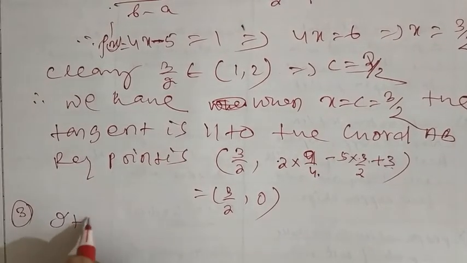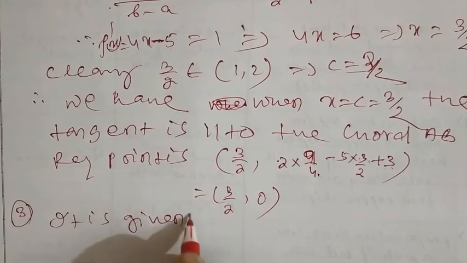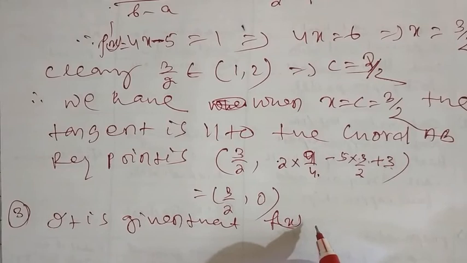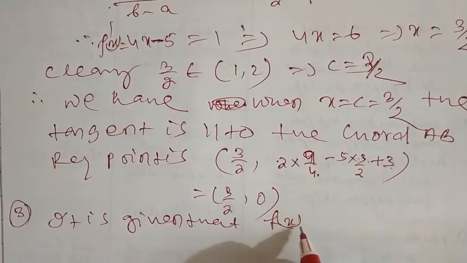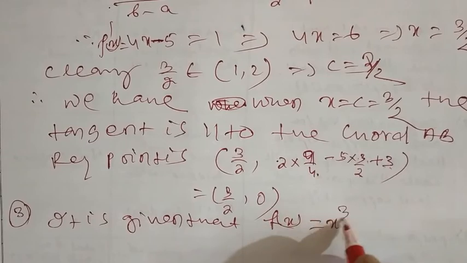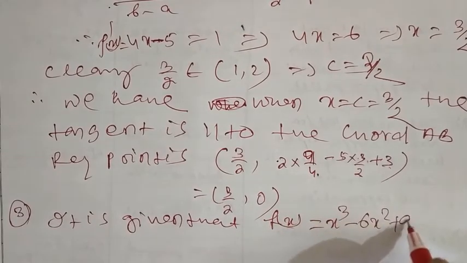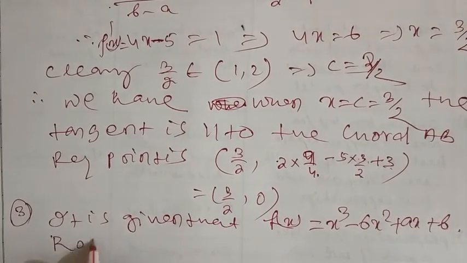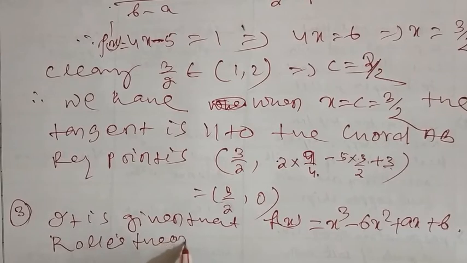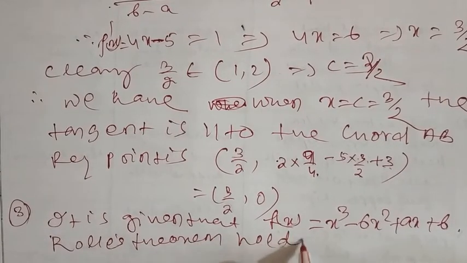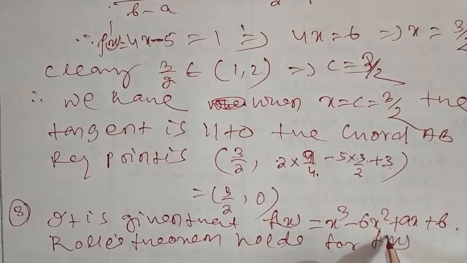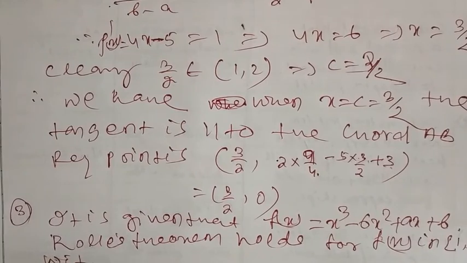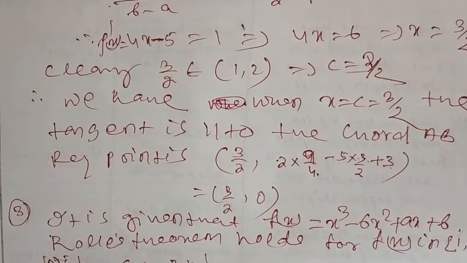It is given that f(x) equal to x cube minus 6x square plus ax plus b, and Rolle's theorem holds for f(x) in [1, 3] with c equal to 2 plus 1 by root 3.